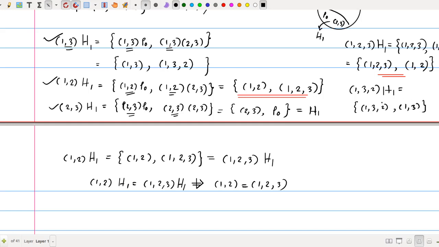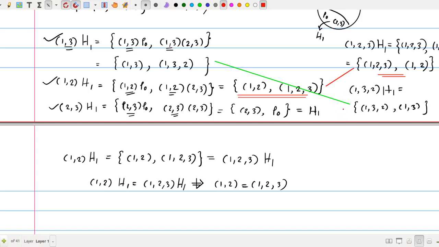So please do it as an exercise. Compute this coset, then you will get this one. So this is same as this one. These two are the same coset. Similarly, if you consider these two cosets, those are the same.